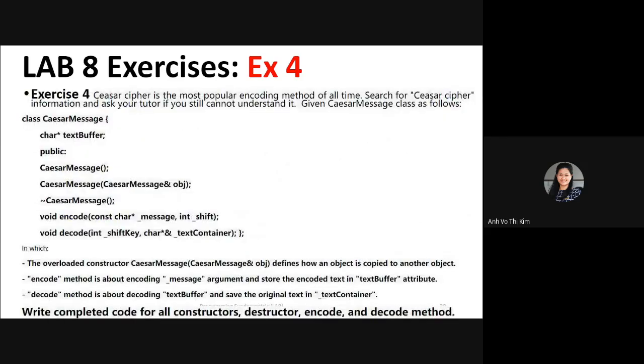And here in the example for this case, we have a class CaesarMessage, a message for input, and we have 2 constructors, a destructor, and the encode and decode methods, with the key being the shift, the number we want to shift by. And the task is also to implement the constructors, destructor, and encode and decode methods.